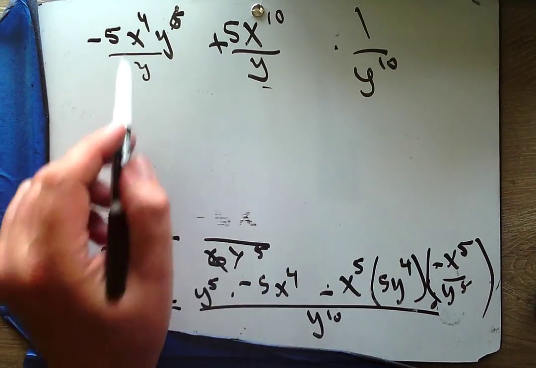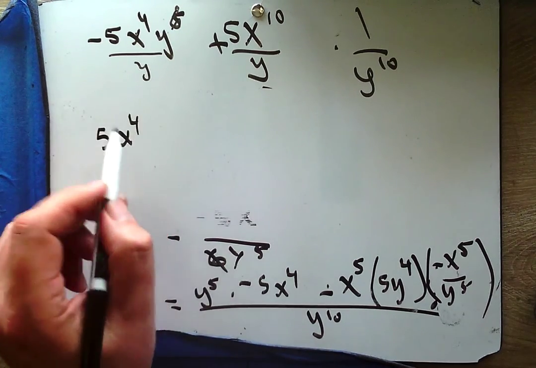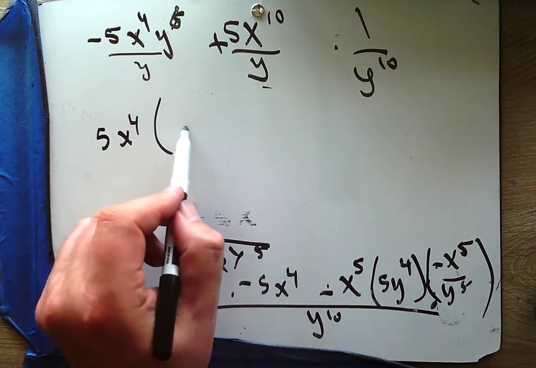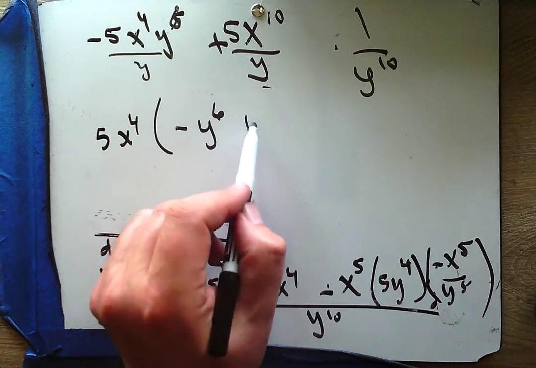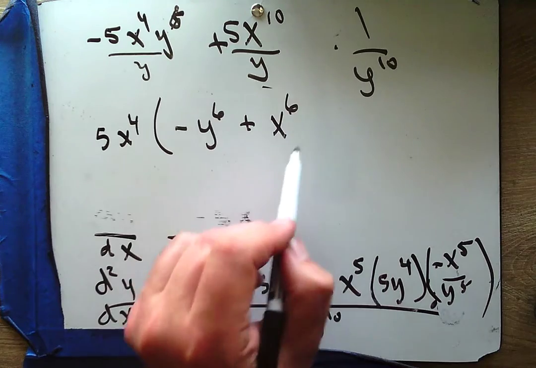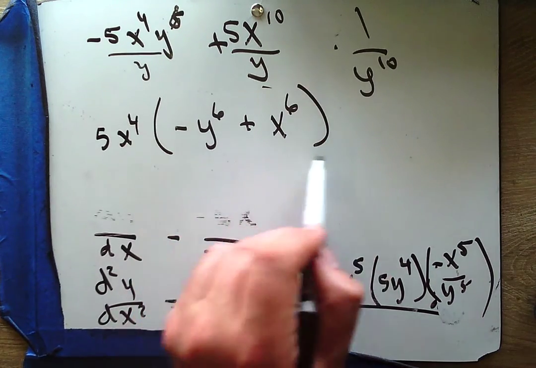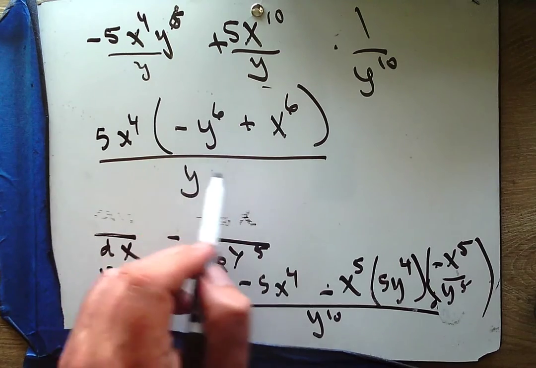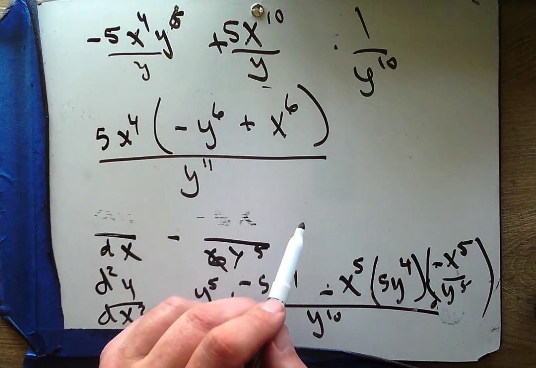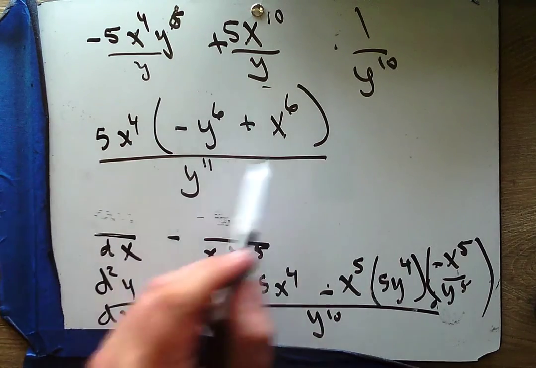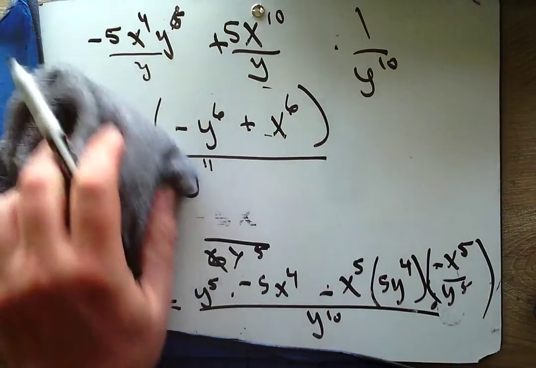So I'm going to have 5x to the 4th, leaving me negative y to the 6th plus x to the 6th over y to the 11th. I think that's as far as I can go. Don't do the difference of squares there, please. Okay.